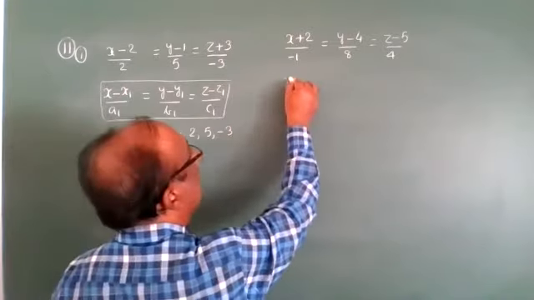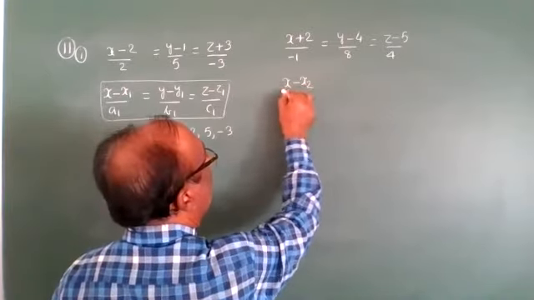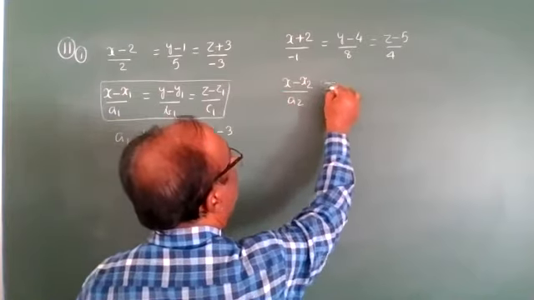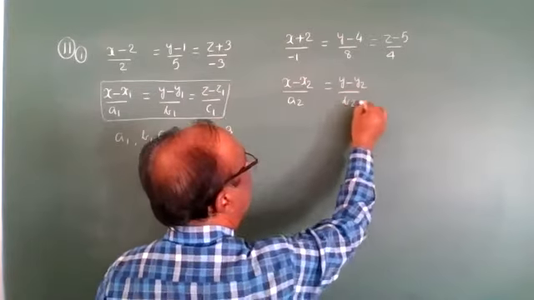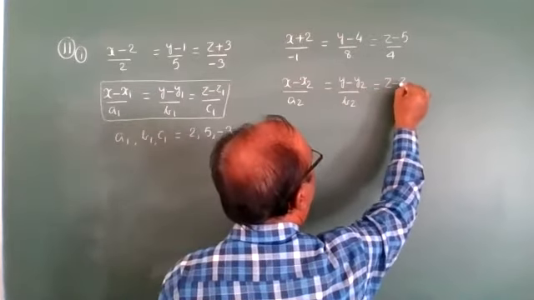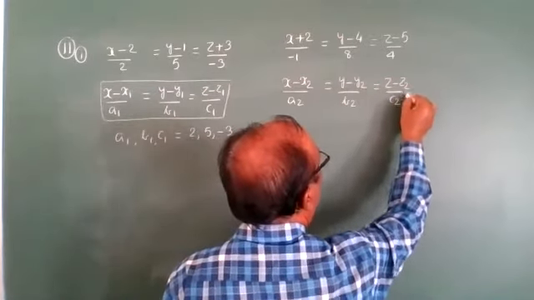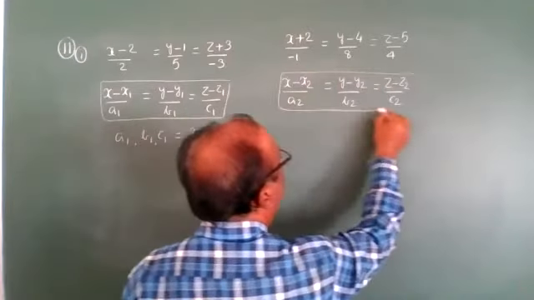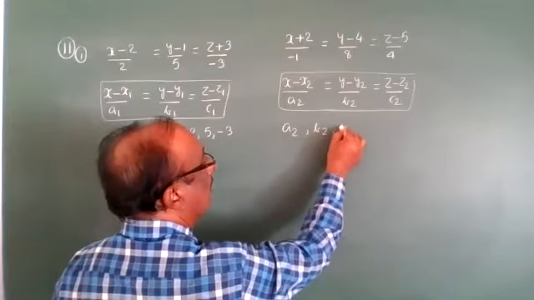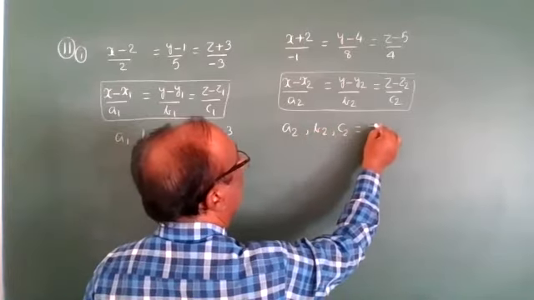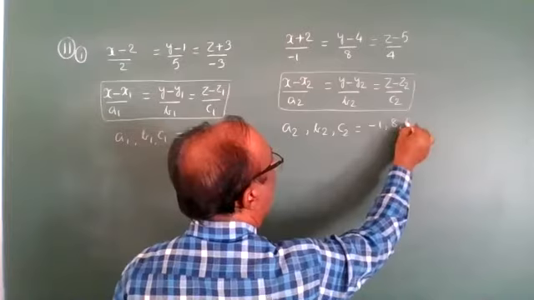Here (x minus x2) by a2, (y minus y2) by b2, (z minus z2) by c2. By comparison, a2, b2, c2 are minus 1, 8, 4.